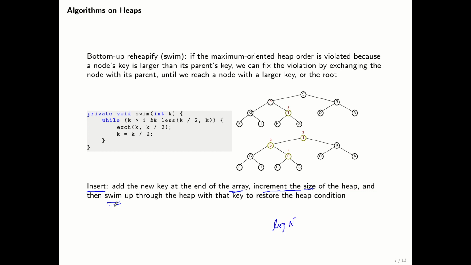So the cost of inserting a key into this heap is simply the height of the tree, bounded by log n, because when an element swims up, it's traversing along the height of the tree. In the worst case, it goes all the way up to the root, but that height is bounded by log n. So the insert operation is extremely efficient. It's logarithmic.